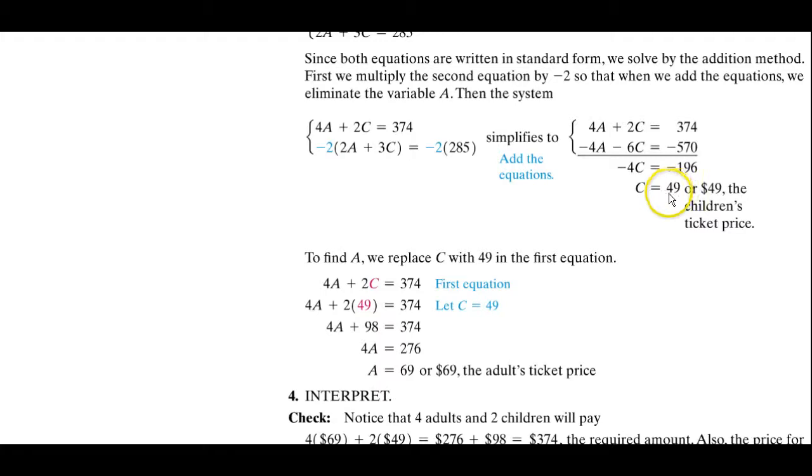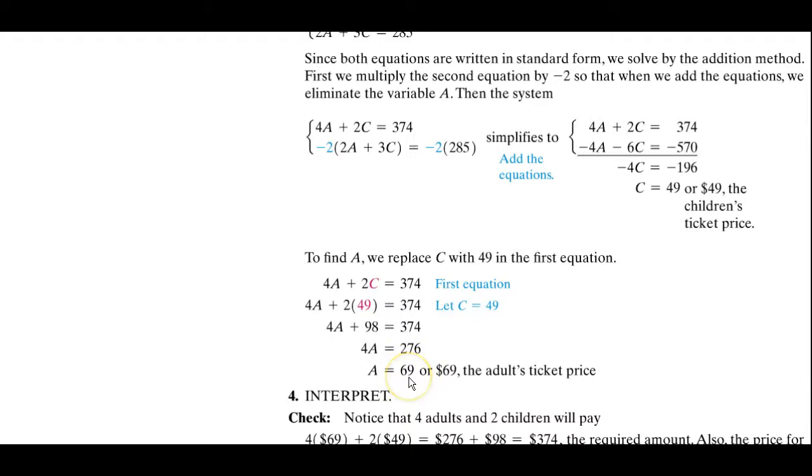So they got the child's ticket was 49. They replaced the 49 in the first equation like we did. Got a 98. They're subtracting 98 from both sides. They're dividing both sides now by 4. And you get A equals 69.